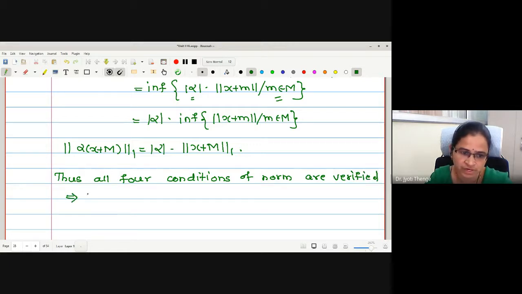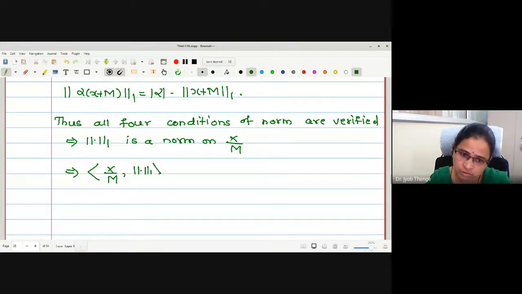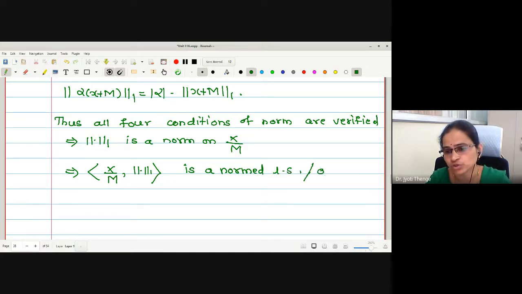Therefore, here I will write this norm 1 is a norm on the quotient space X by M. If this is a norm on X by M, what about this pair X by M with norm 1? This is a normed linear space, or quotient norm space.